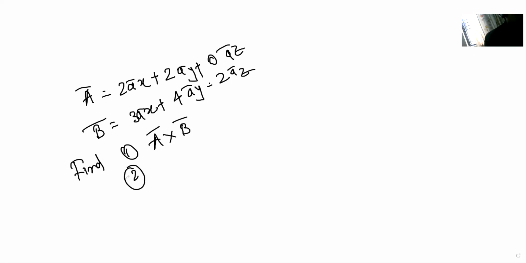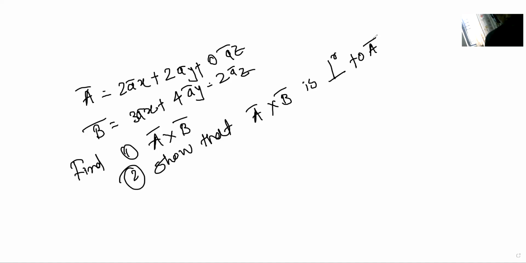Number 2, show that a bar cross b bar is perpendicular to a bar.